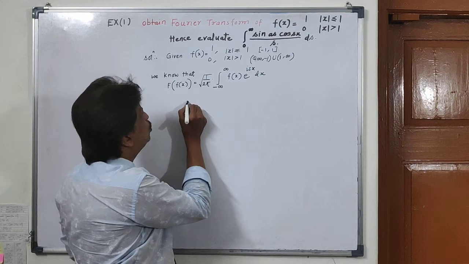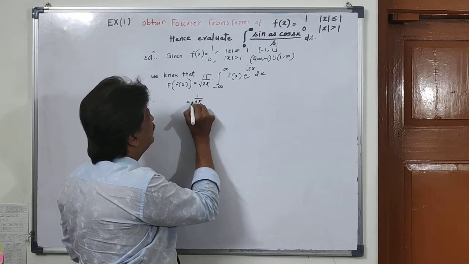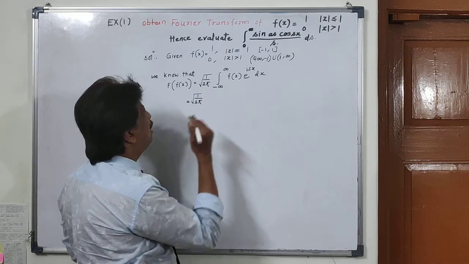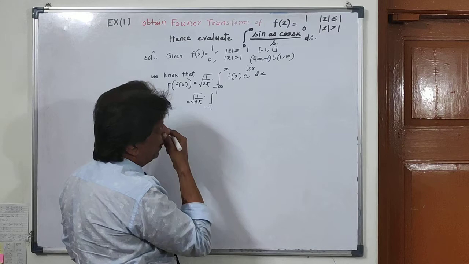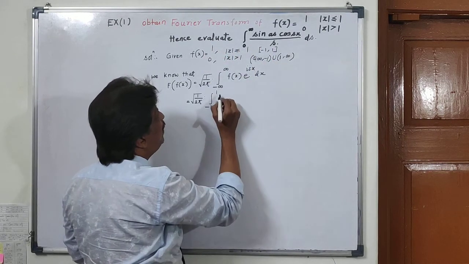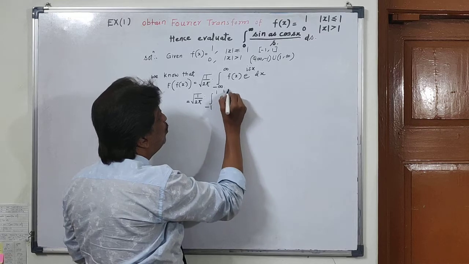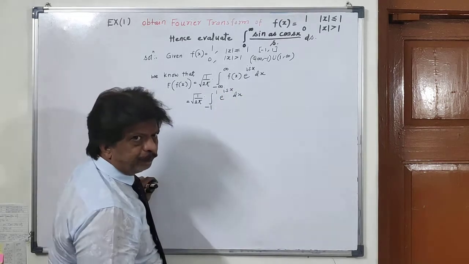So it reduces to root of 1 upon 2 pi integral minus 1 to 1. In this interval minus 1 to 1, the function takes the value 1, e raised to power i s x dx.